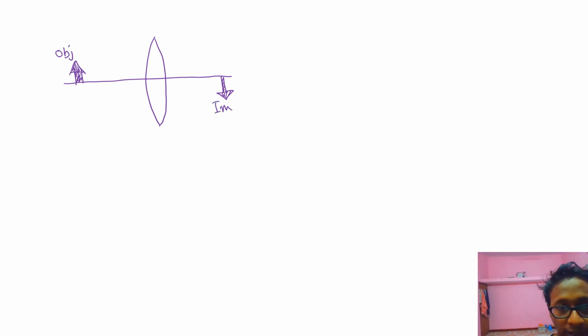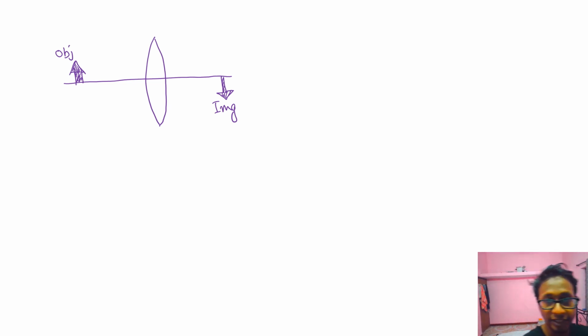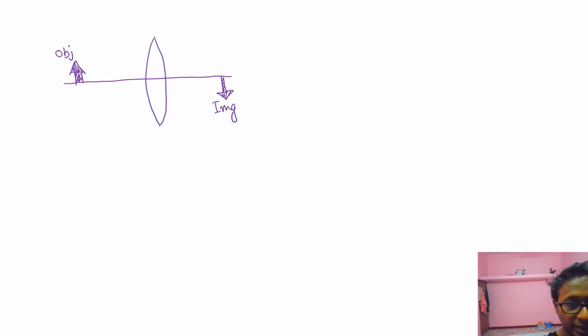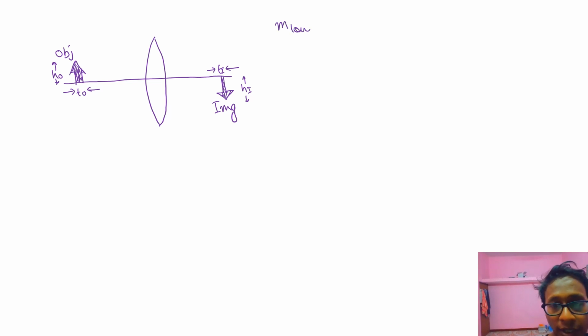This is the thickness of object and thickness of image. So M longitudinal is equal to height of image by height of object, which is equal to v by u.